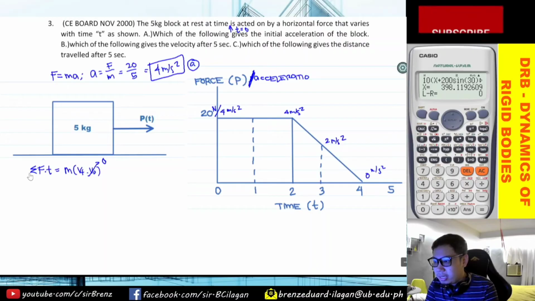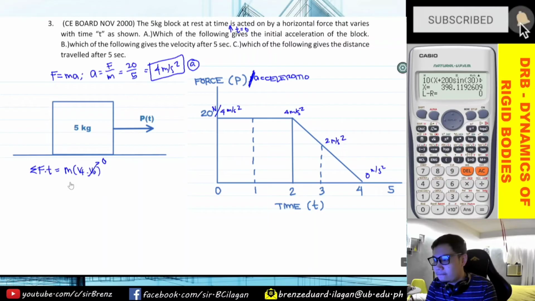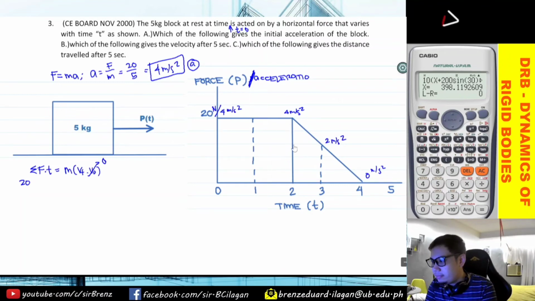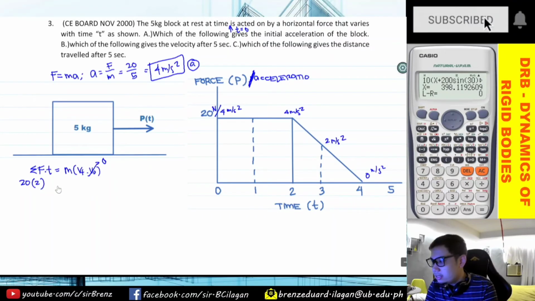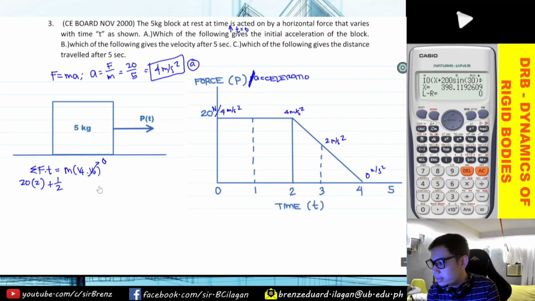So first, unahin natin yung segment na to. So the first 2 seconds, the force acting on that is 20. Okay? And then multiply by 2 seconds. Ayan. So next will be for this part. So what shape is that? So that is a triangular shape. So since iisa lang naman yung force na yan, so that will be plus 1/2 of the base.